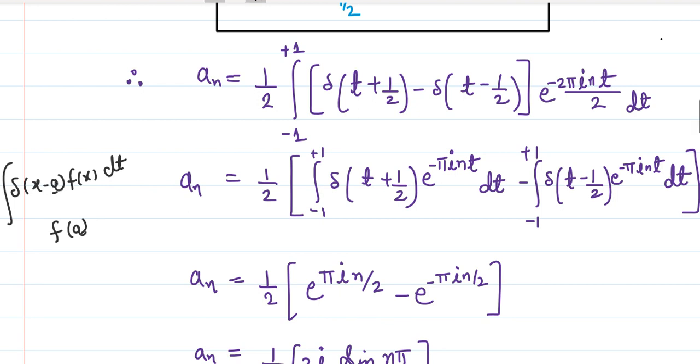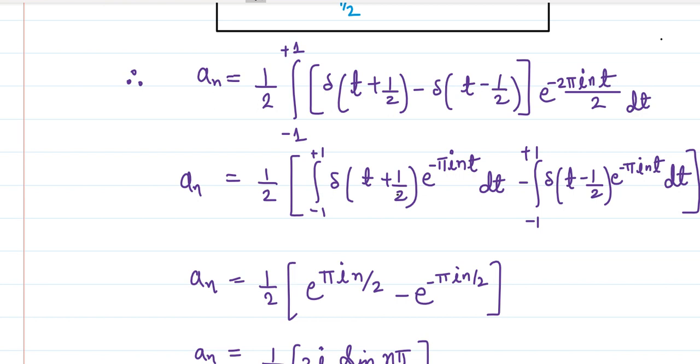So e to the power minus iota pi n t is there, so we just replace t by minus half here, because t equals minus half at this point. So pi iota n into minus half will be plus, and similarly minus e to the power minus pi iota n by 2, here we have written the value t equals half, so here it will have a negative value.